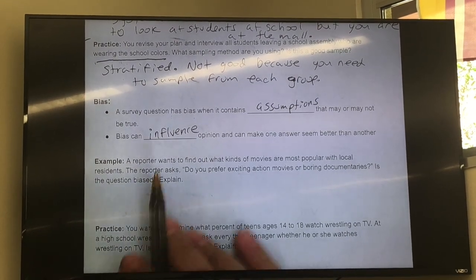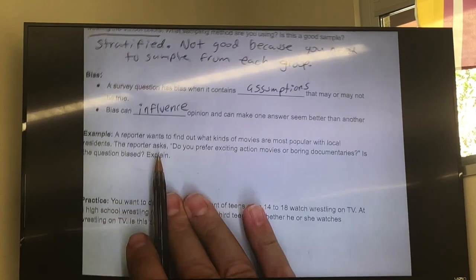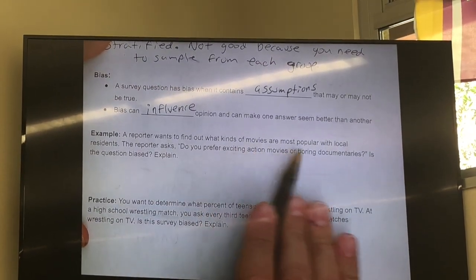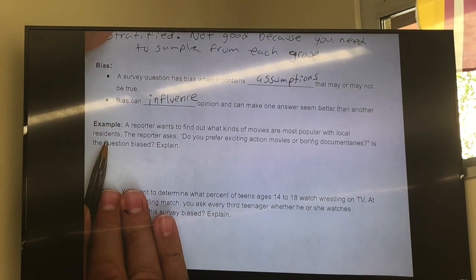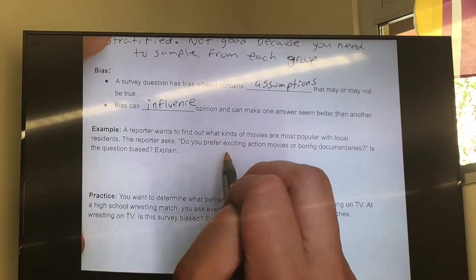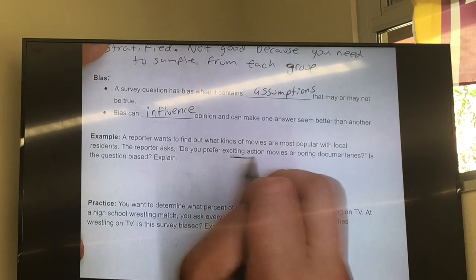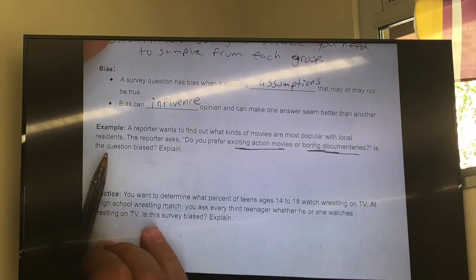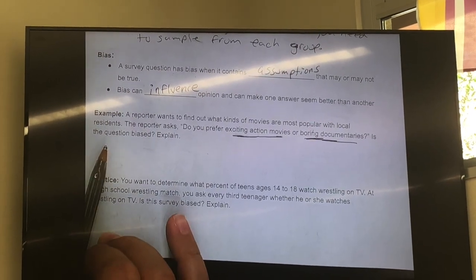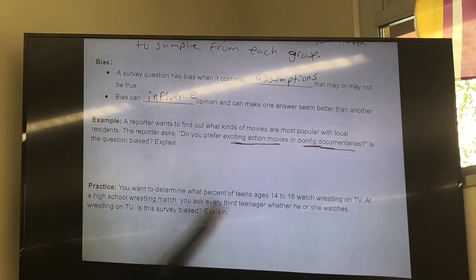So, our example is a reporter wants to find out what kinds of movies are most popular with local residents, all of them. The reporter asks, do you prefer exciting action movies or boring documentaries? Does the question have bias? Well, I would agree with this reporter, right?